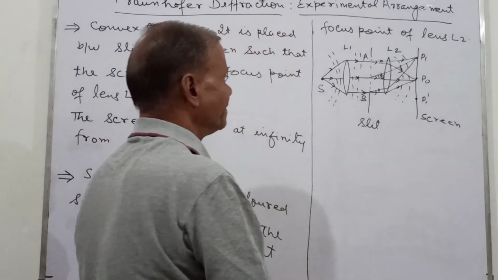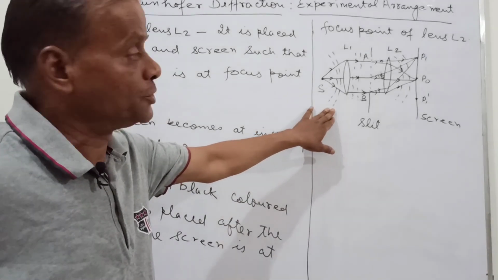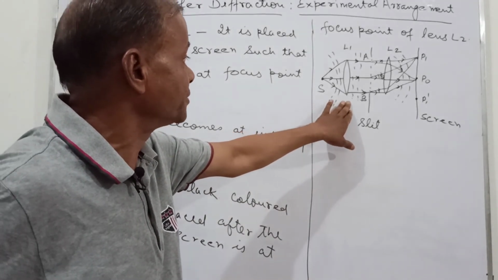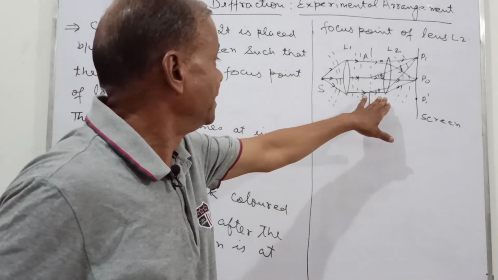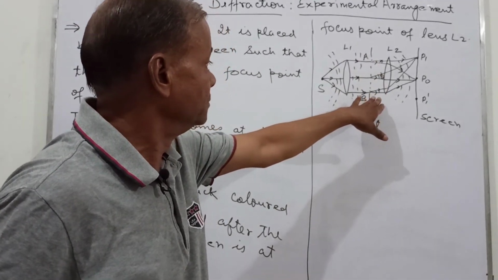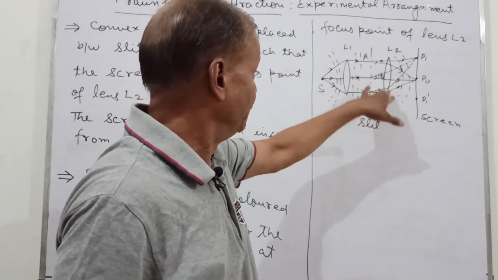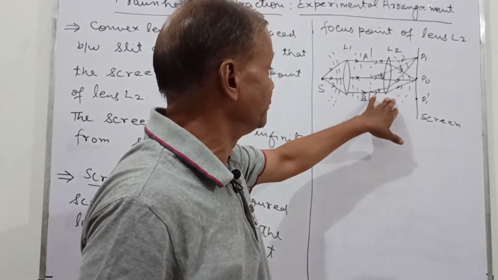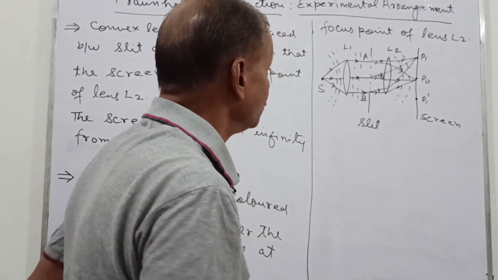So initially there is the spherical wavefront, and after refraction from the lens L1 it becomes the plane wavefront, and after diffraction from the slit there is again the plane wavefront, and after refraction from the lens L2 this again becomes the spherical wavefront.